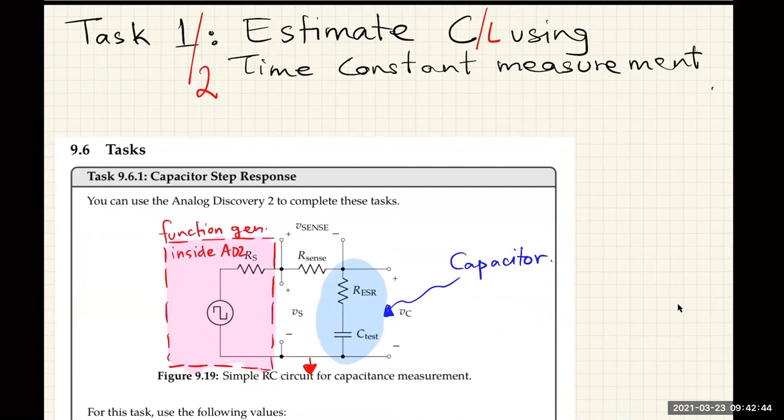So you're doing a similar exercise, but now instead of measuring the AC response, you're measuring the step response of the circuit and measuring the time constants to extract out the capacitor value, right?